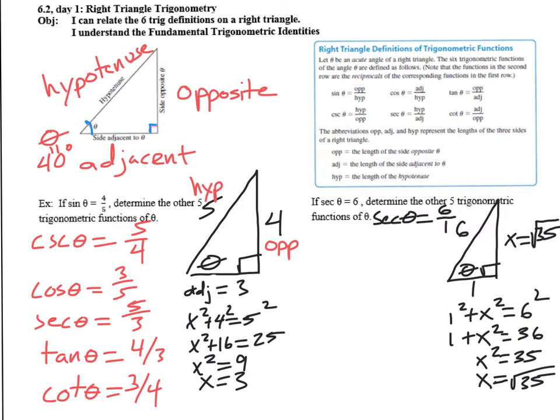That doesn't change anything about the definitions of the trig functions. It'll change a little bit about how I write my answer. I'll go with the reciprocal of secant, that's cosine, 1/6.